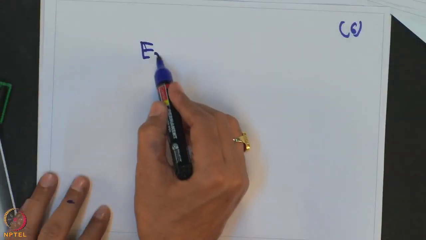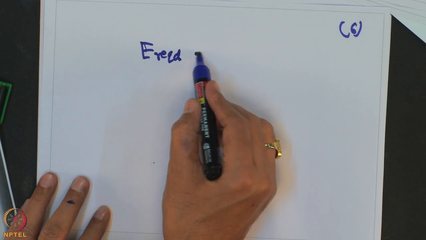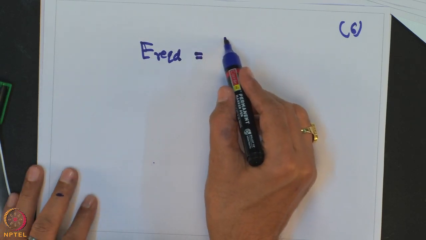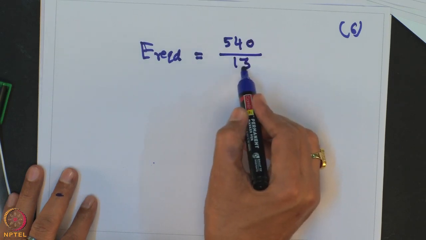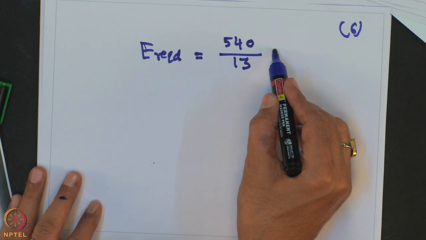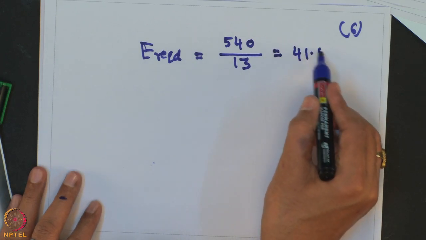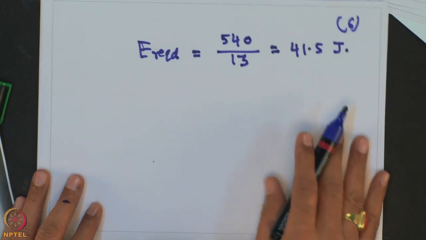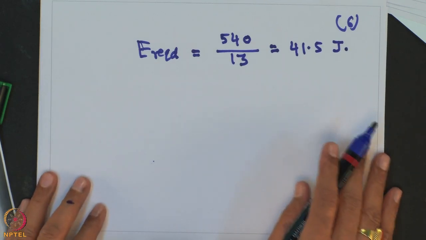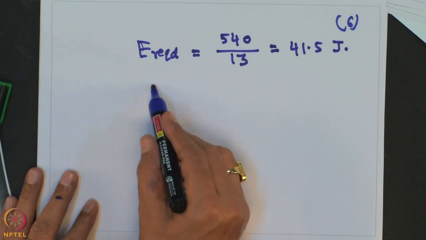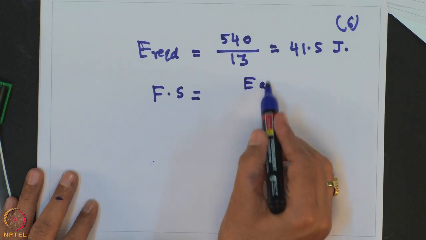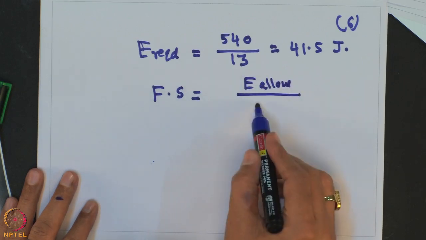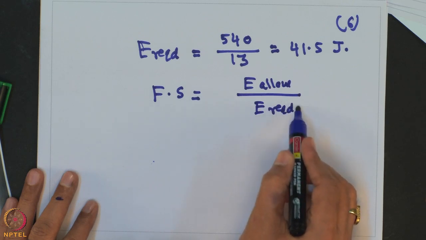So, 13. So, what will be the E required? E required will be equal to 540 divided by 13. So, this will give about 41.5 joule. Then, as a result, you can calculate that the factor of safety will be equal to E allowable divided by E required.